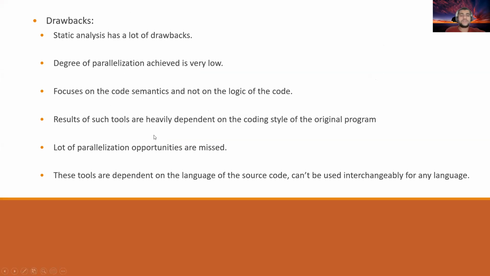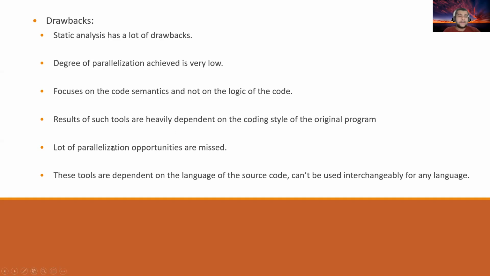The results of such tools are heavily dependent on the programmer's actual coding style. If two different programmers code the same problem and one of them writes a really efficient program, then the results of automatic parallelization for the better program would obviously be better, because the coding style is better and it depends highly on the coding style.